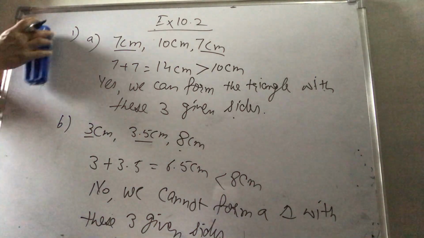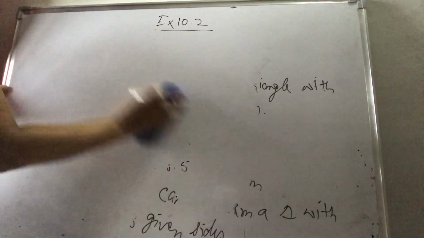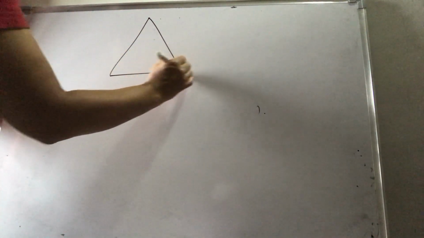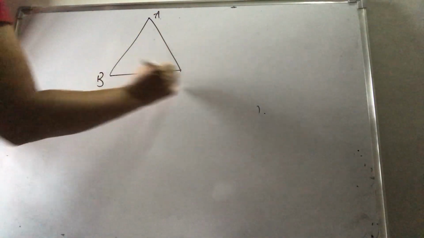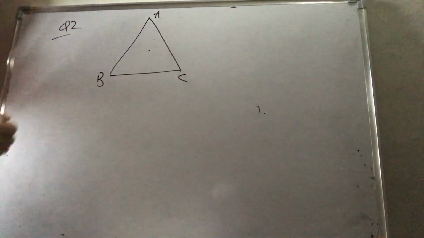Now in question number 2, this is a triangle ABC and there is a point in the interior of the triangle.